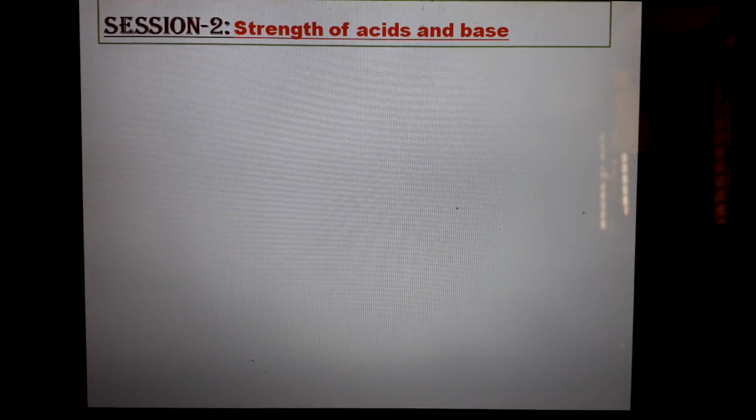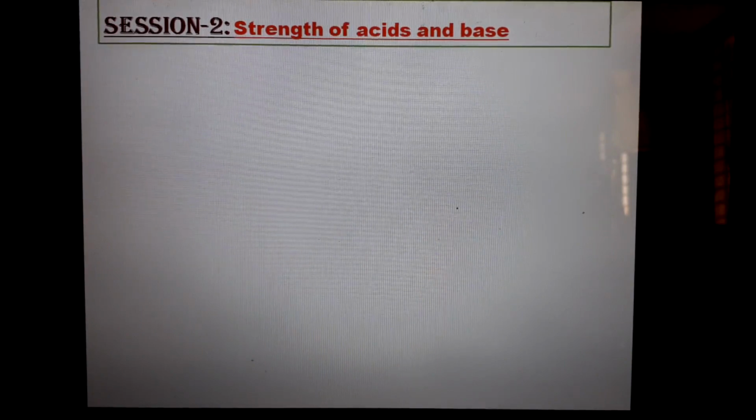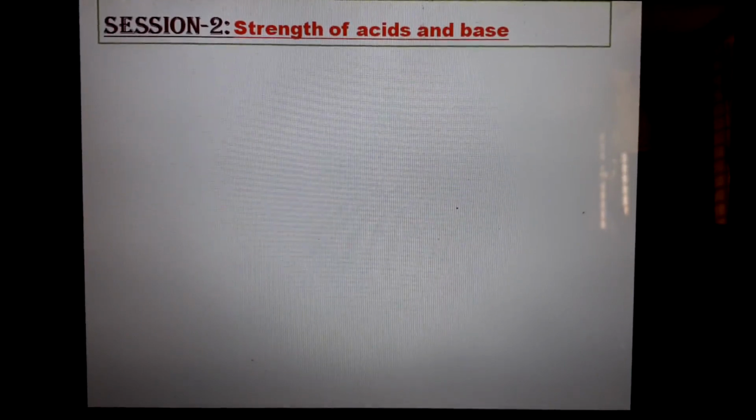But in chemistry, the strength of acids and bases is defined by the concentration of H plus ion and OH minus ion. This is in terms of ionization constant or dissociation constant. That is the concept of the strength of acids and bases.